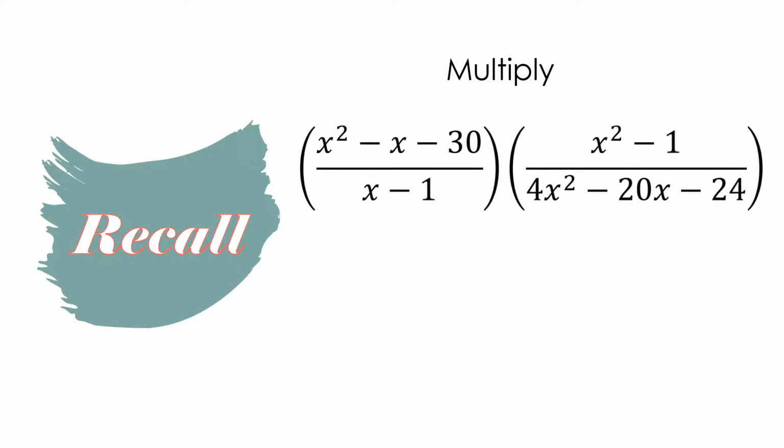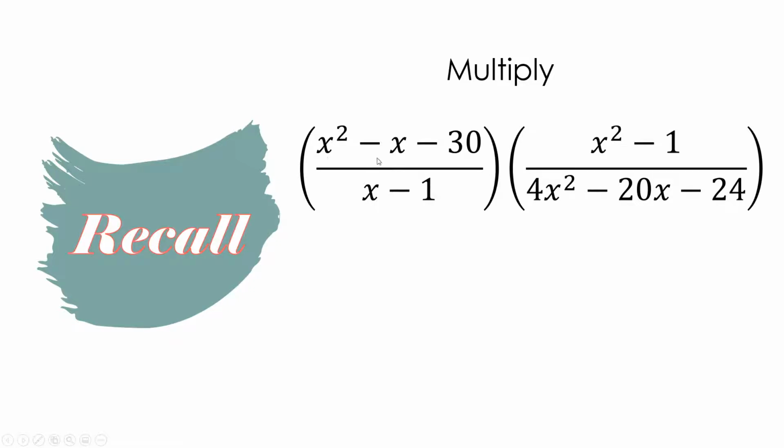Okay, another. We have to multiply the quantity x squared minus x minus 30 all over x minus 1 and x squared minus 1 all over 4x squared minus 20x minus 20. In this case, let's investigate.